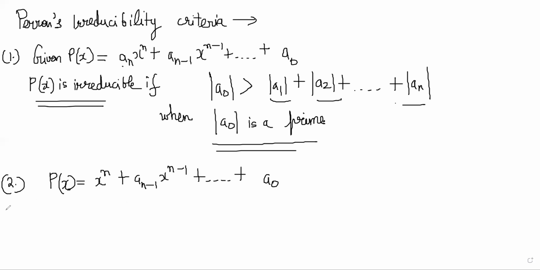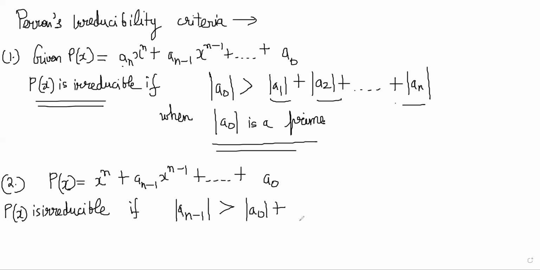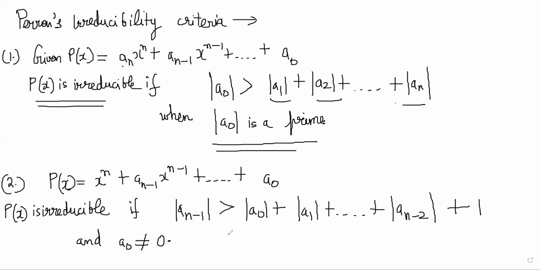Now the condition is p of x is irreducible if mod of an minus 1 is greater than mod of a naught plus mod of a1 plus so on till mod of an minus 2 plus 1, and a naught should not be equal to 0.